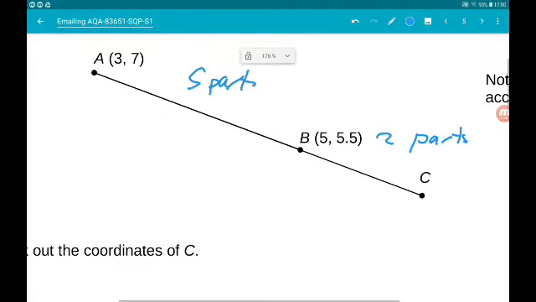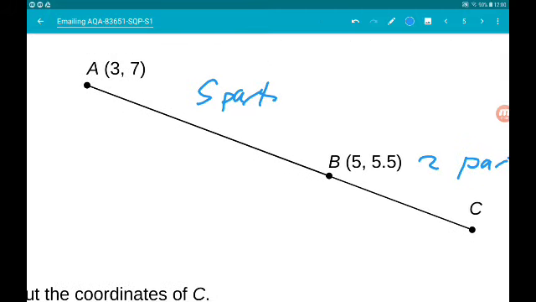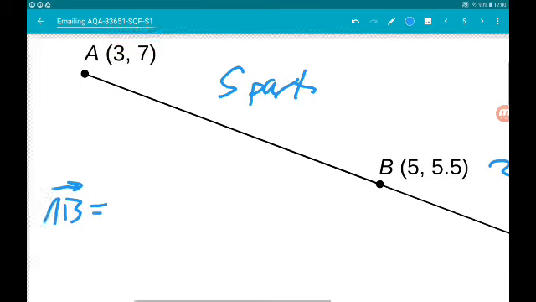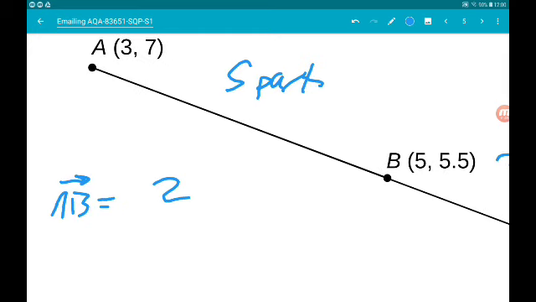So what we're going to do is work out how we get from A to B. Let's think of this as a vector. A to B is, well, we're going 2 to the right, and we are going 1.5 down. So our vector is 2, minus 1.5.